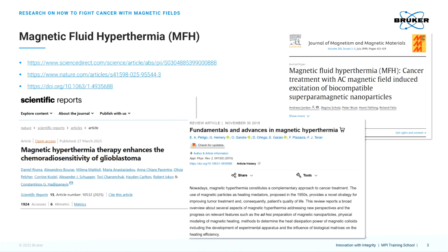There are a lot of reports out there about what to do with magnetic hypothermia, how it reacts with the body, how to calculate what the particles will do with the body, and what the biological response will be.